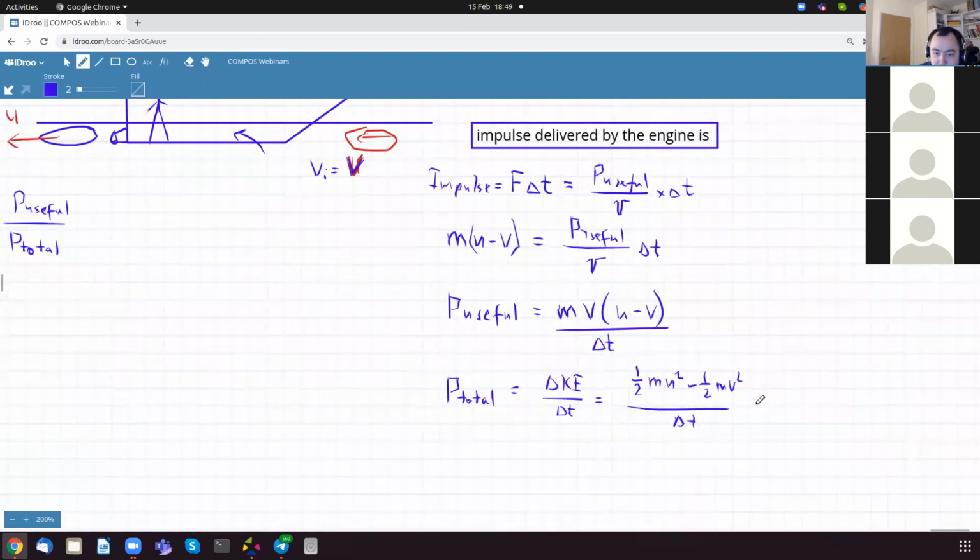This is going to be 1/2 m (u squared minus v squared) divided by delta T.